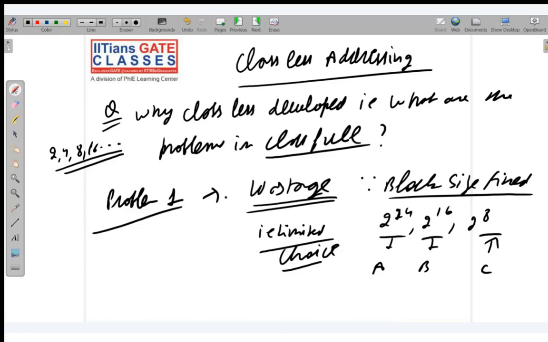So now there was a need for classless addressing. The biggest reason was that it was developed in the 1990s, because now individual users were able to connect to the internet. When the internet was developed, it was for big organizations so that they could share data.